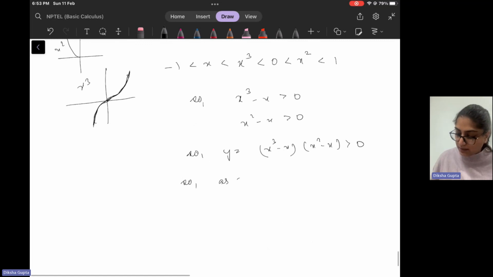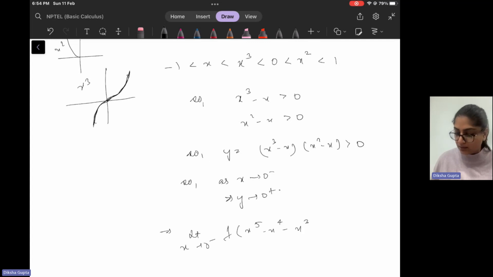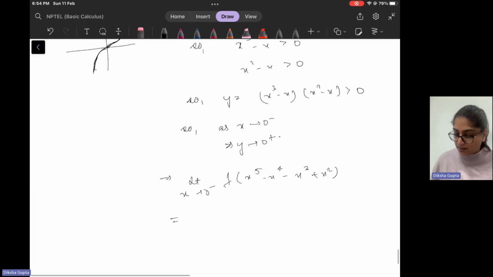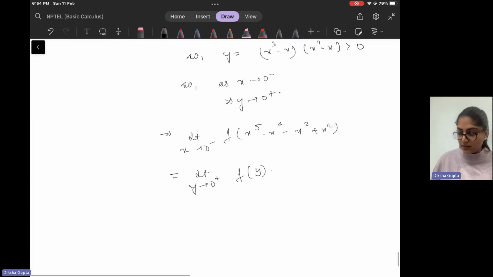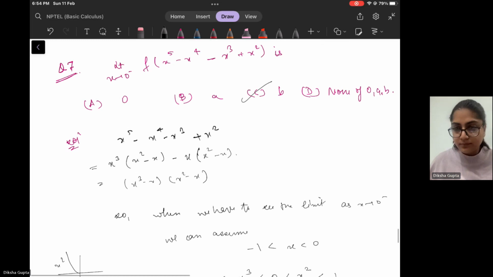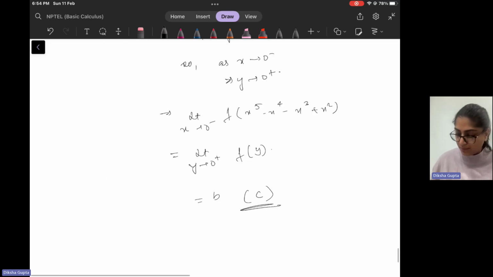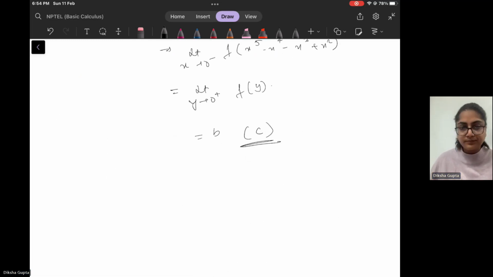So as x tends to 0 minus, y goes to 0 plus, which implies the limit as x tends to 0 minus of f of x^5 minus x^4 minus x^3 plus x^2 is the limit as y tends to 0 plus of f of y, which is again B. So our correct option is C. Okay, I hope it is clear now how you have to solve such questions. All right.